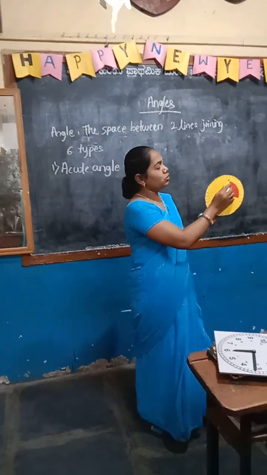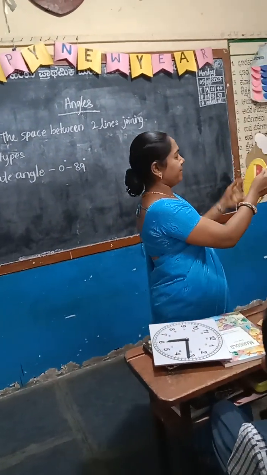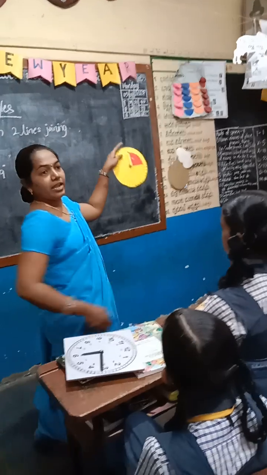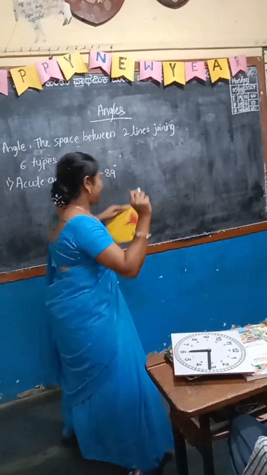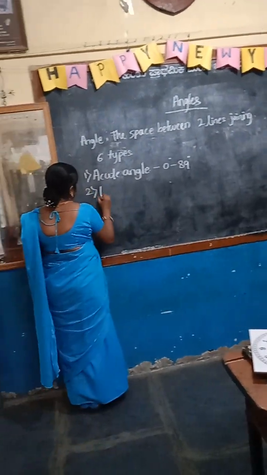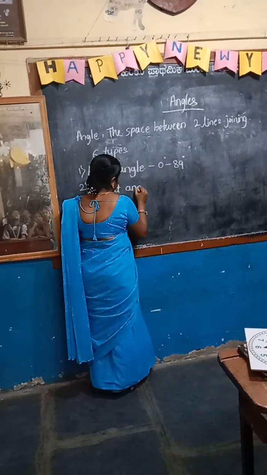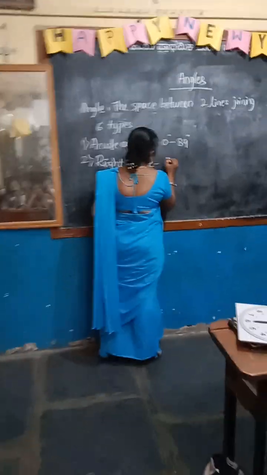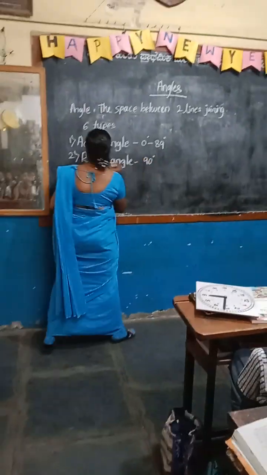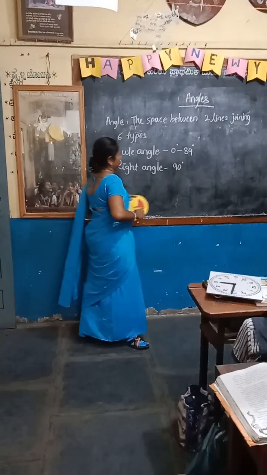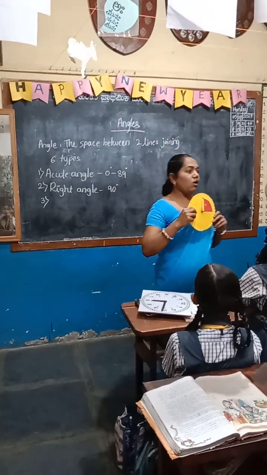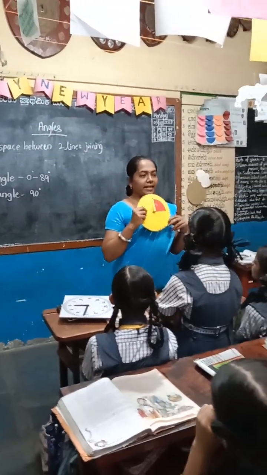When it turns to exactly 90 degree, straight, it is known as right angle. That is the second type, right angle. Give an example for right angle.